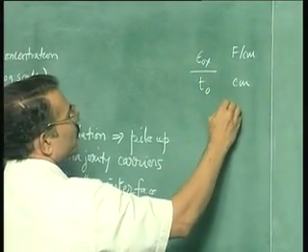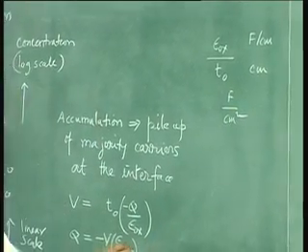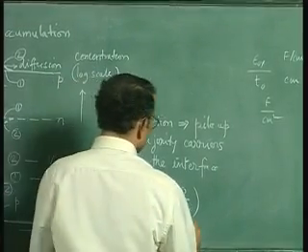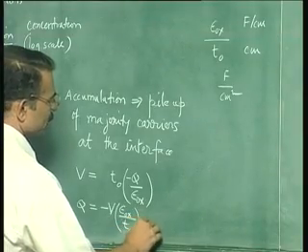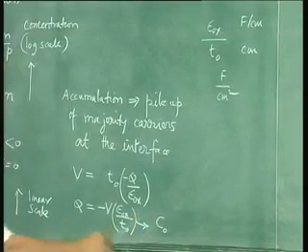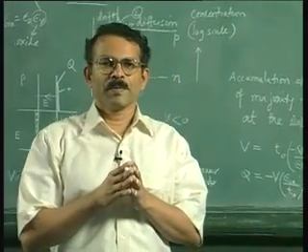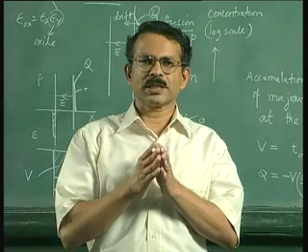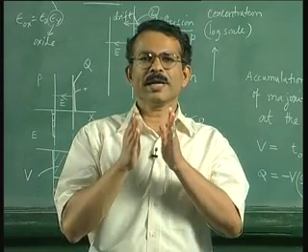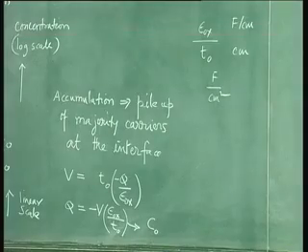So this is farad per centimeter square. In other words, this is capacitance per unit area. So normally this term is given the symbol C naught, because this represents the capacitance of a parallel plate capacitor in which there are two metal plates separated by the oxide layer of thickness T naught.